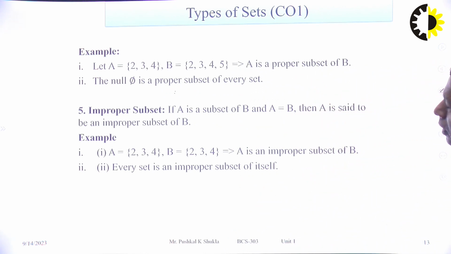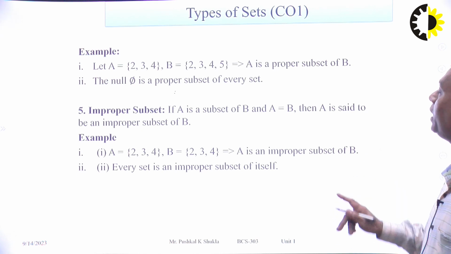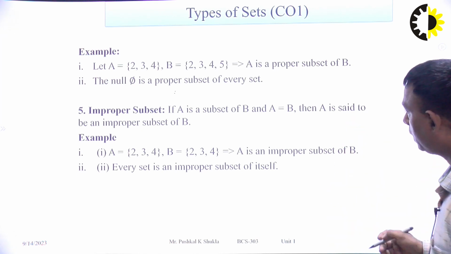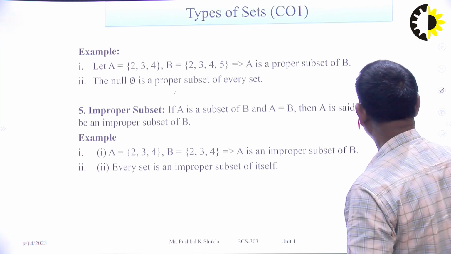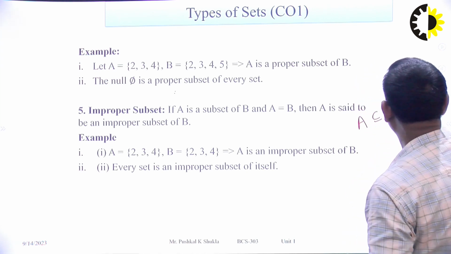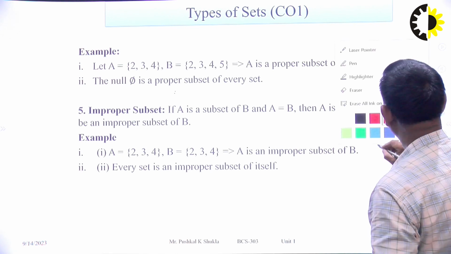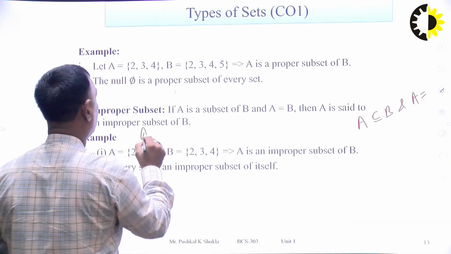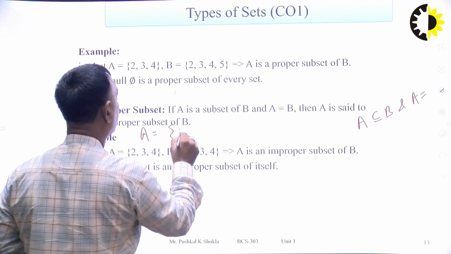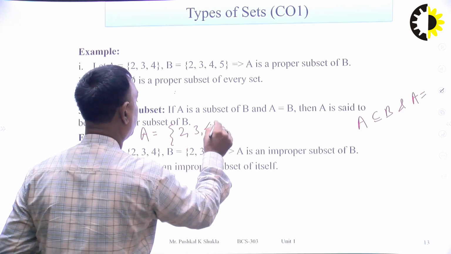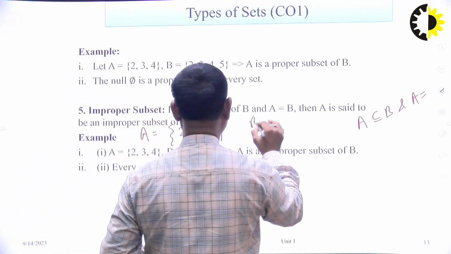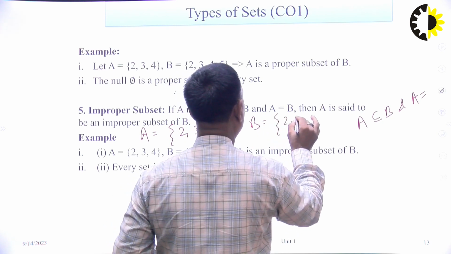Improper subset: A is a subset of B and A equal to B. For example, A equal to {2, 3, 4} and B equal to {2, 3, 4}.